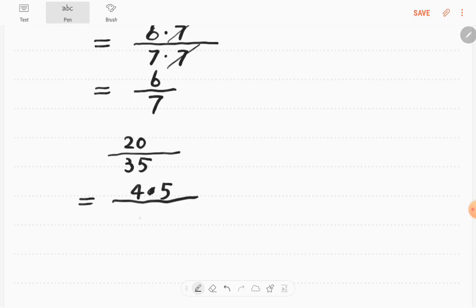Now we check the denominator 35. We write it as 5 times 7. Then we both have 5 in our numerator and the denominator. We can cross out the 5. Then we have 4 over 7.